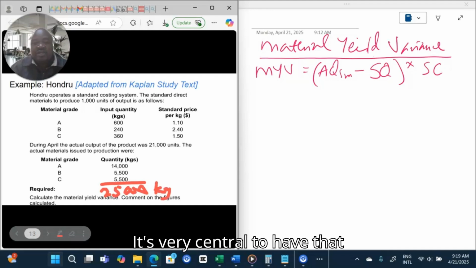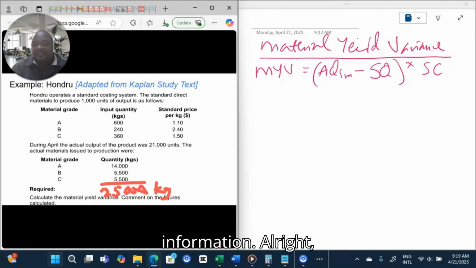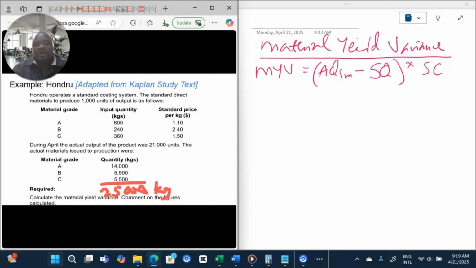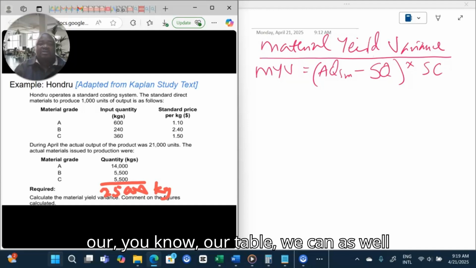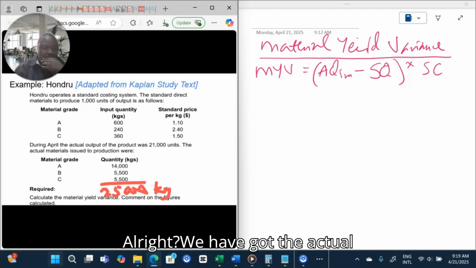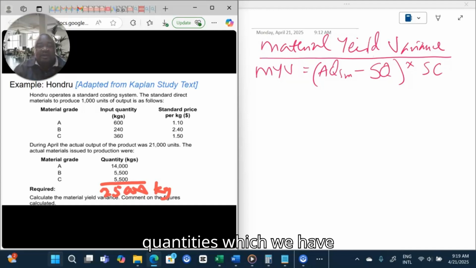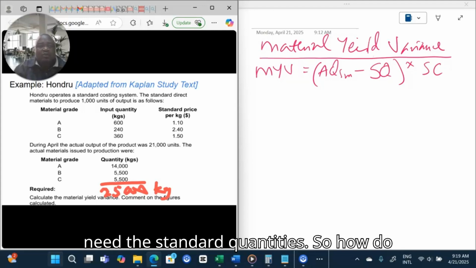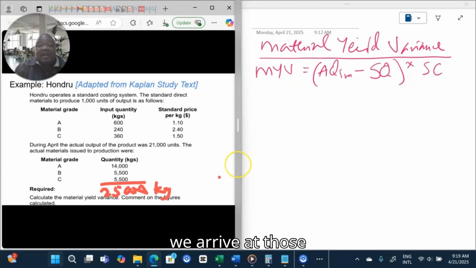It's very essential to have that information. All right, we can as well, before we go to our table, determine the standard quantities. All right, we have got the actual quantities which we have presented on the screen there, but we need the standard quantities. So how do we arrive at those quantities?